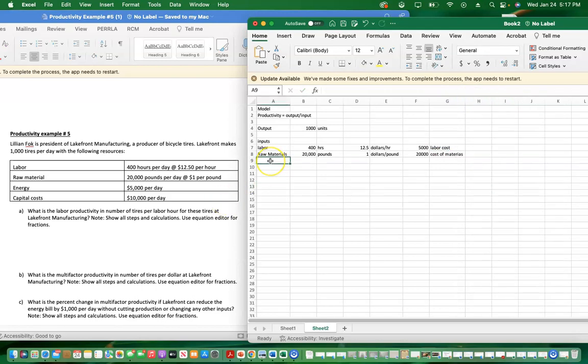Then we can proceed with energy. It is 5,000 per day. And also we have capital cost, which is 10,000 per day.